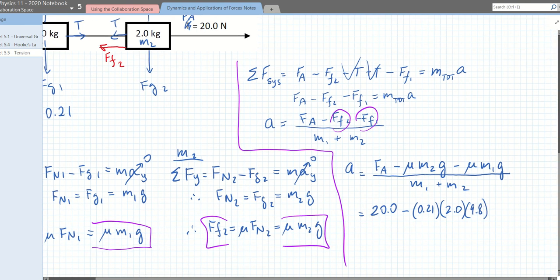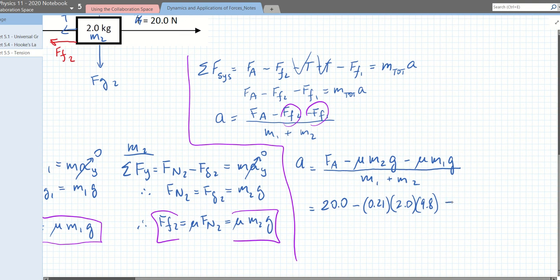Mass 1 is 3.0, divided by the total mass, which is going to be the sum of 3.0 and the 2.0.